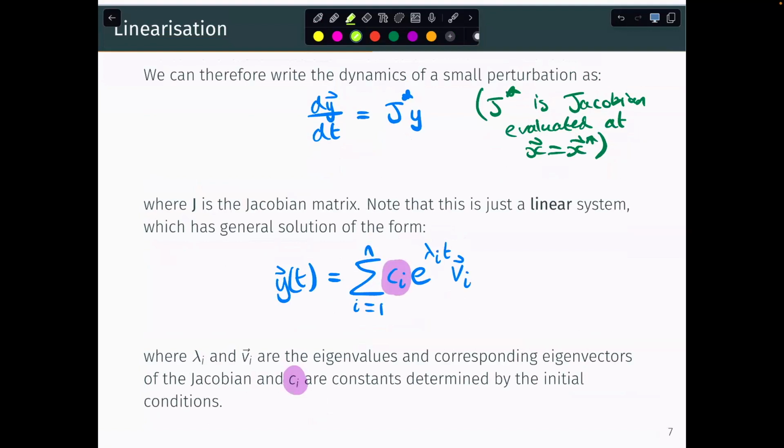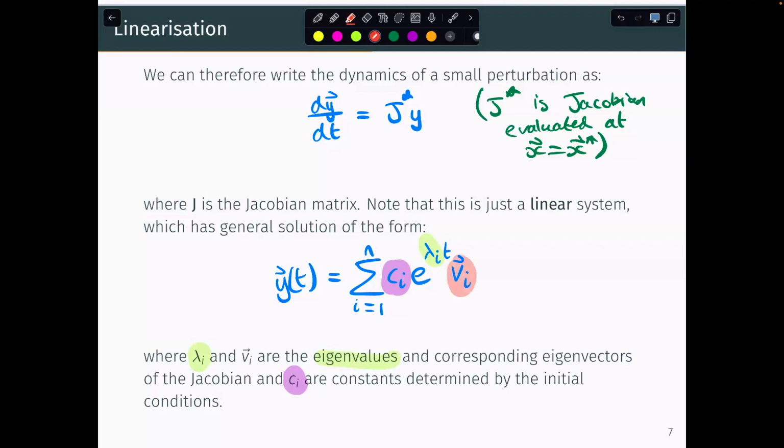These other terms here, the lambda_i's, are the eigenvalues of our Jacobian matrix. Can everyone remember how to find eigenvalues? I see some nods. Okay, that's good. If not, you might need a refresher on that. We find eigenvalues from our characteristic equation. We'll talk a little bit more about that in a moment.